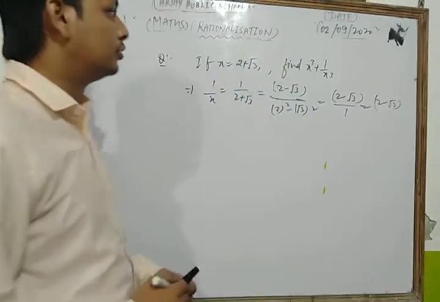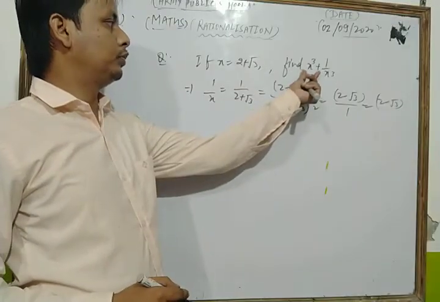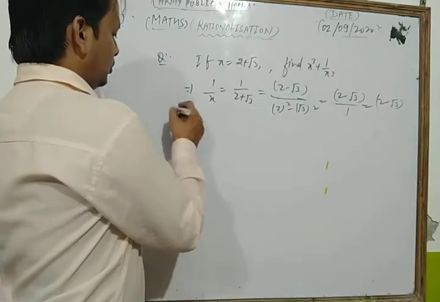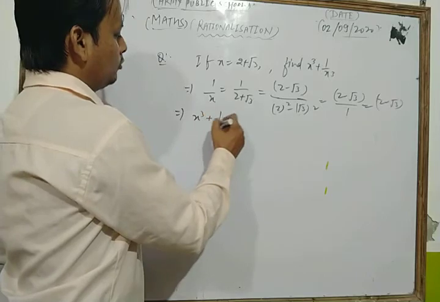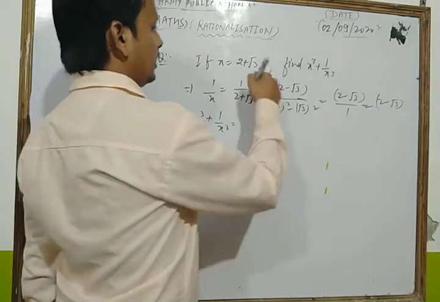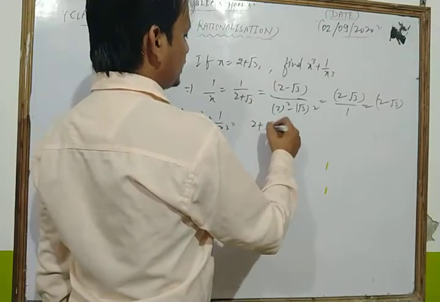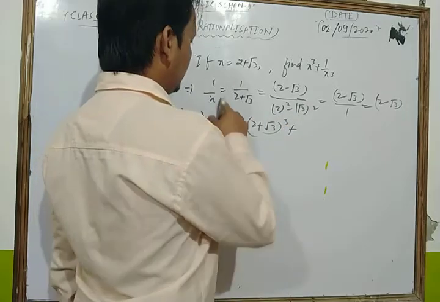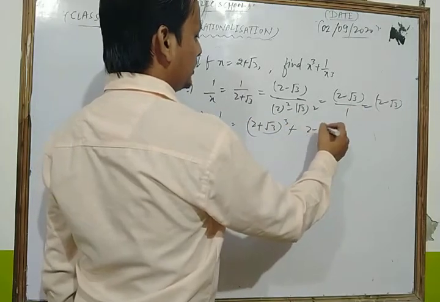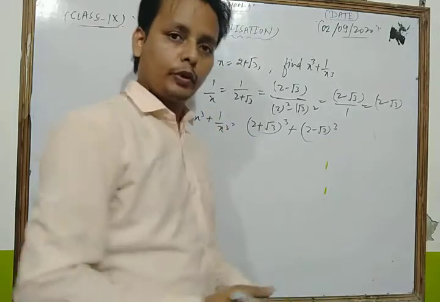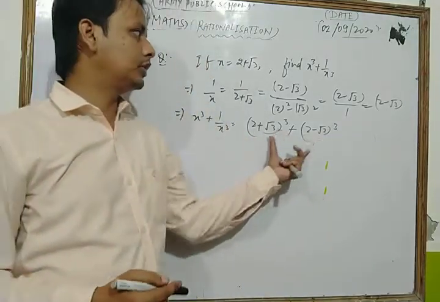Now you put the value of x. So x cube plus 1 upon x cube means (2 plus root 3) whole cube plus (2 minus root 3) whole cube. After simplifying them you get your result.